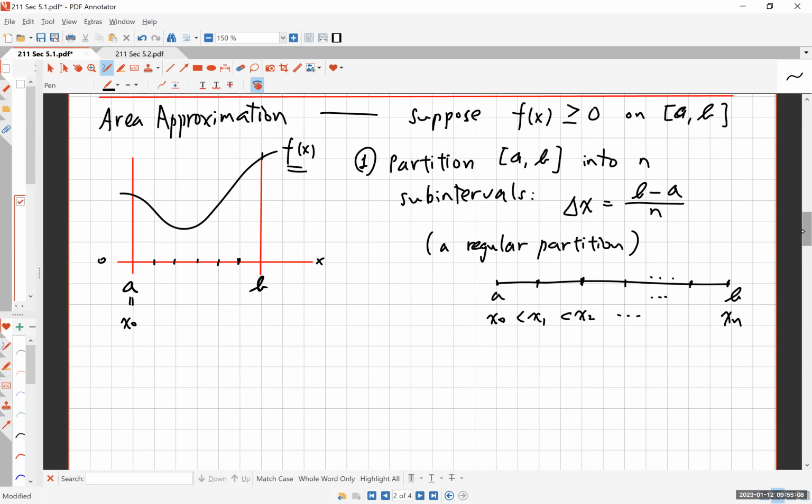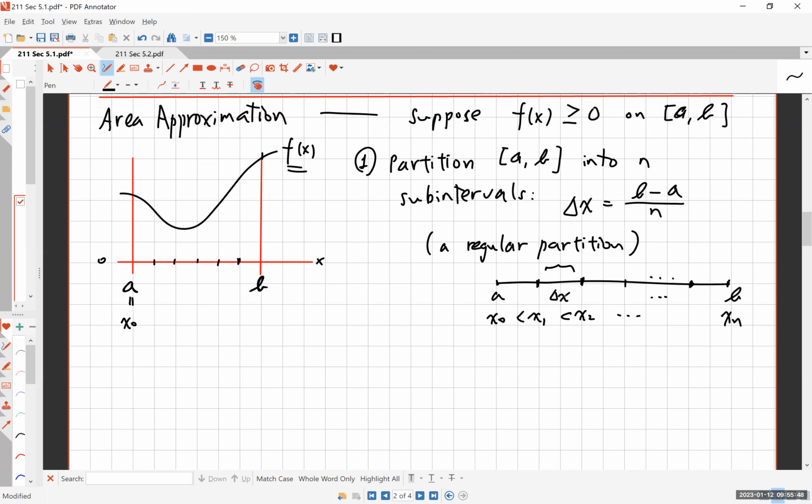The right endpoint of each subinterval is x sub i. So the second subinterval has the right endpoint x2, the 17th subinterval has the right endpoint x17, and so on. I hope you can see that. So that's the regular partition, where the distance between x1 and x2, and between xi and xi plus 1, is always going to be delta x.